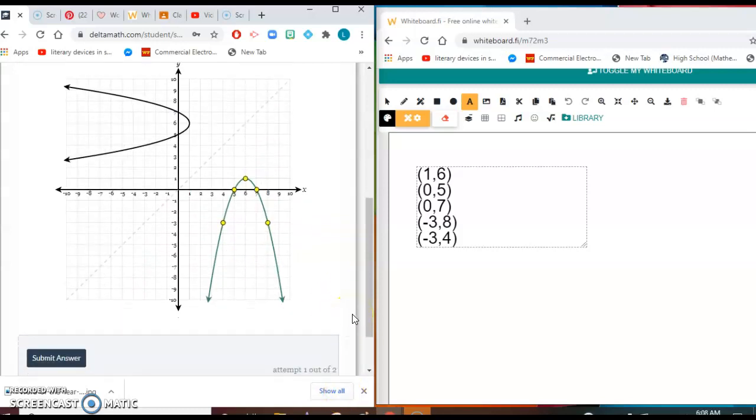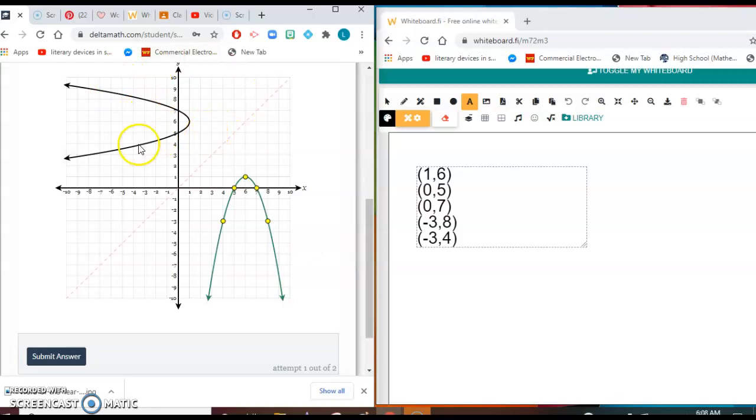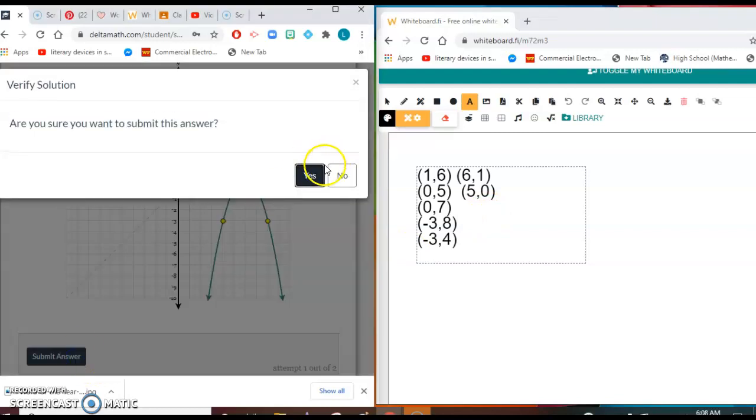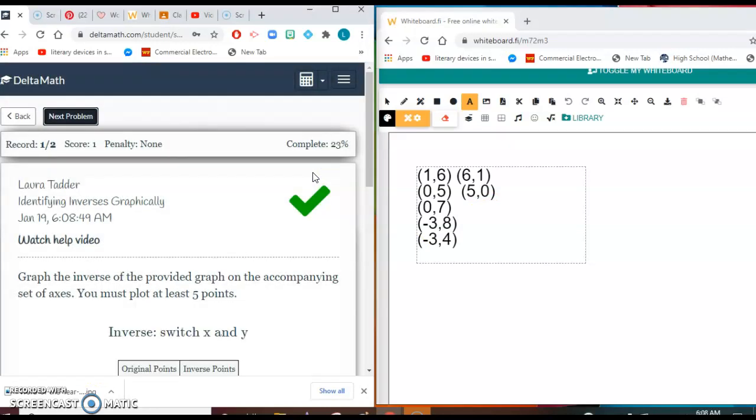So it needs 5 points. Pick 5 points and then swap them, right? So this one became 6, 1. This one became 5, 0. And so on and so forth. All right, and that worked. So do that for all of them.